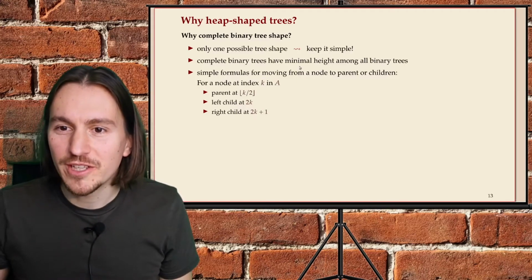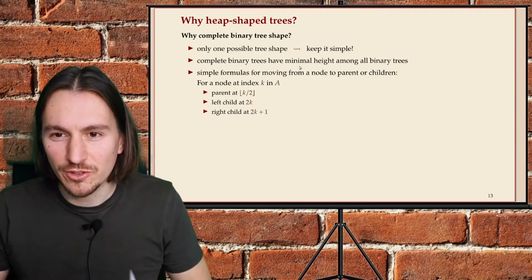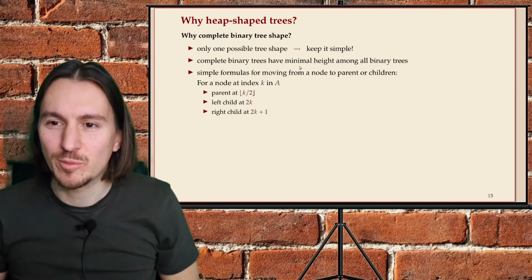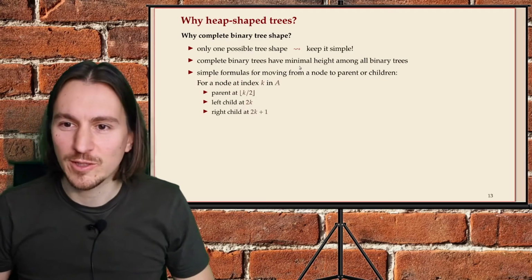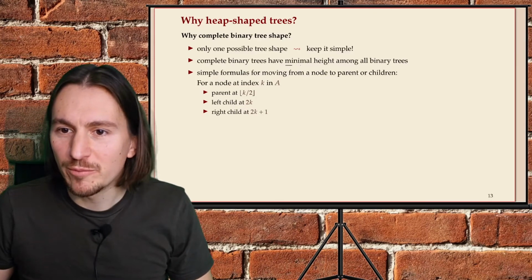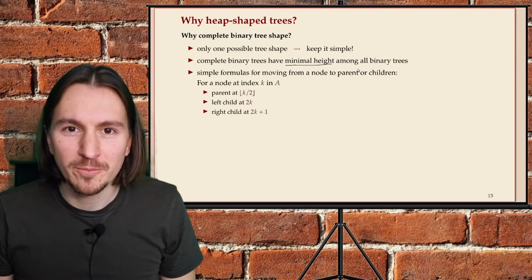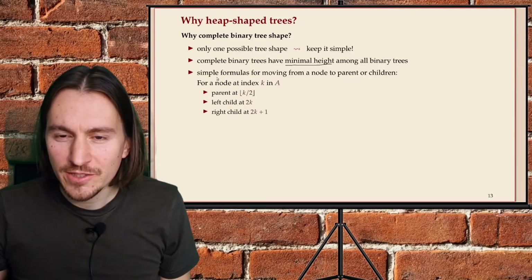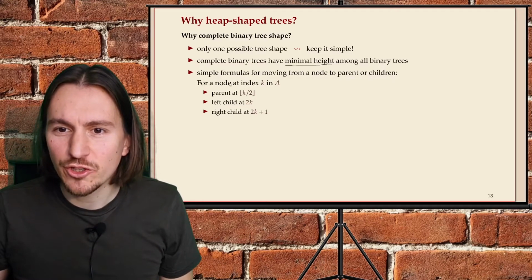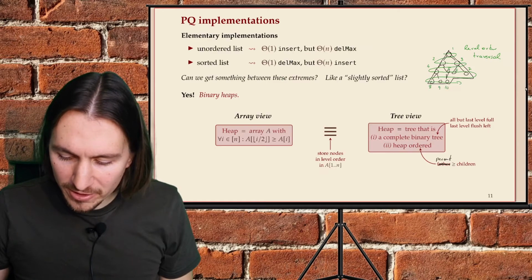Also, complete binary trees have minimal height among all binary trees, because you put nodes as high up in the tree as possible. So you fill them up in the top part of the tree as long as that's possible, so that they will have minimal height. And we'll see that the operations are essentially bounded by the height of the tree. And last, by fixing this specific shape, we have a very simple formula for embedding nodes in an array.